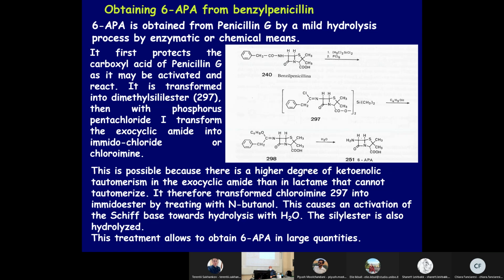And so we have to stabilize this form by introducing a stable oxygen derivative like normal butanol. It's clear now? Yes. Okay.